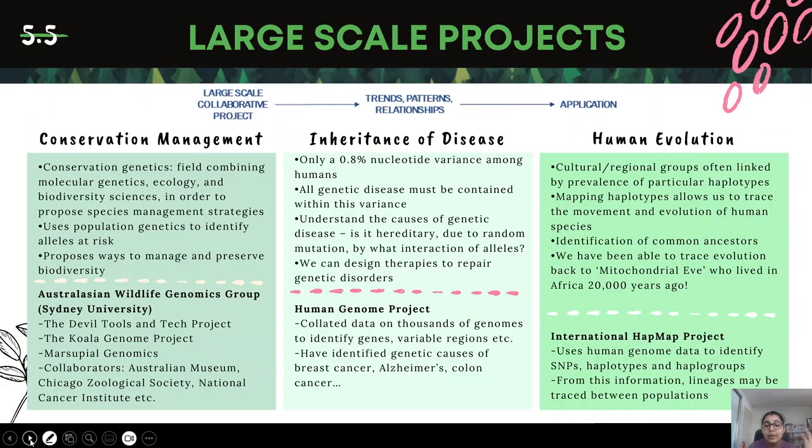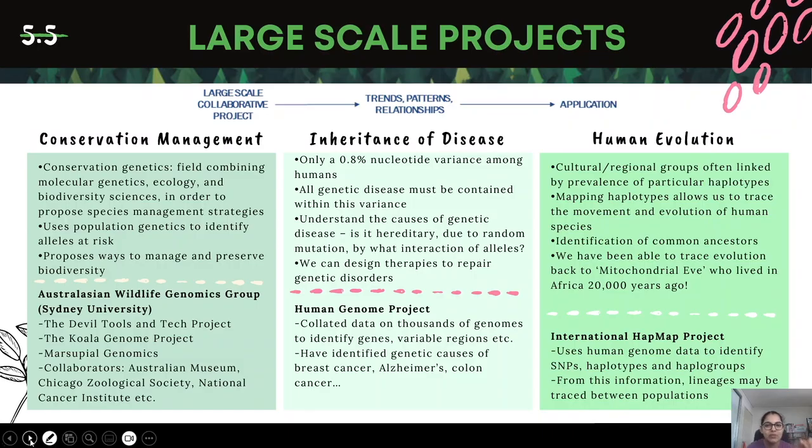There was a huge project at the beginning of the 2000s, just when computers and technology were on the rise, and they collated data on thousands of genomes. It was a huge scale process, and it was used to identify genes and variable regions.